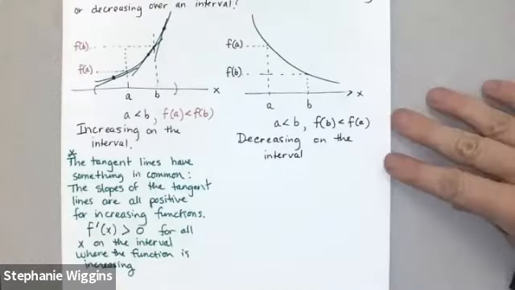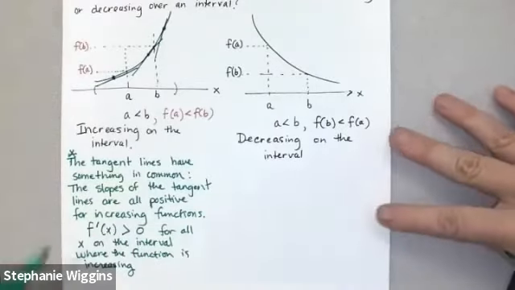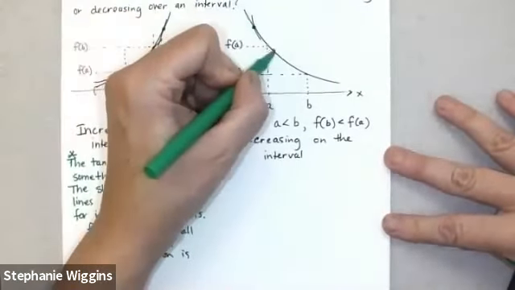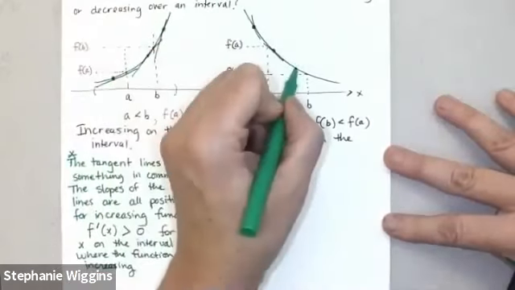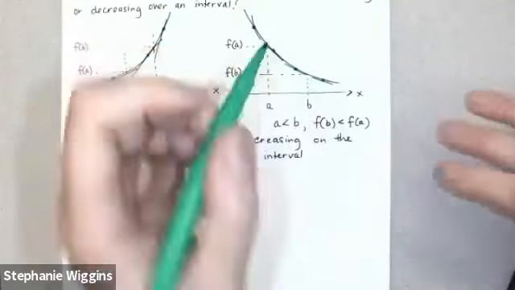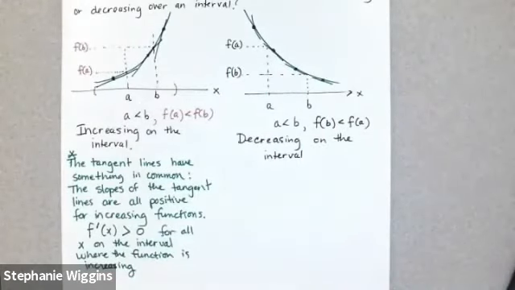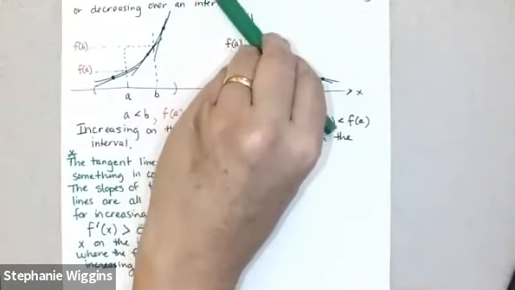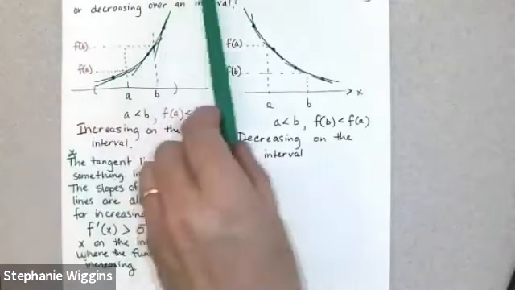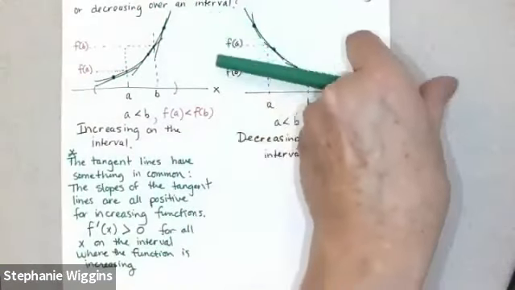And looking over here at the decreasing side, you can see that the derivatives now are on this side. The slopes of these tangent lines are slanted in the other direction. That means their slopes are negative, okay? This time they're all slanted this way. Over here they're slanted this way, and over here they're all slanted this way.